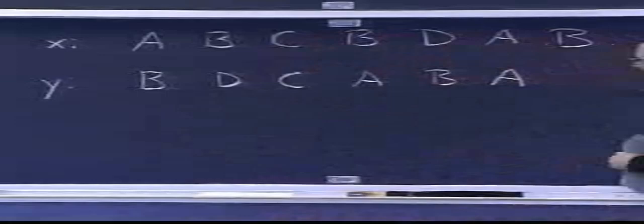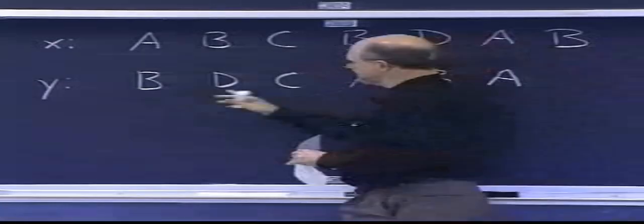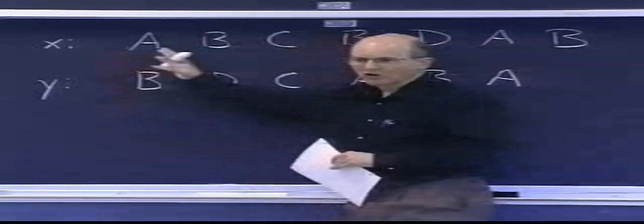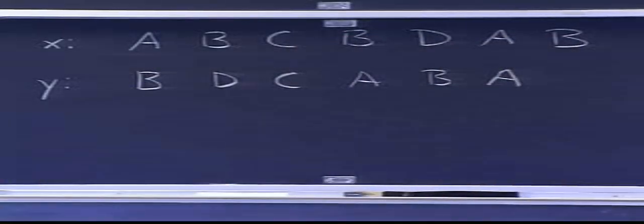What we want to find is something that's a subsequence of x and also a subsequence of y, and we want the longest such subsequence. So can anybody tell me what a longest common subsequence here is? There's actually more than one here, I think.